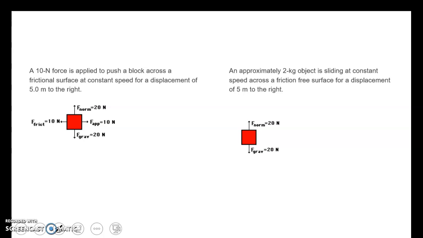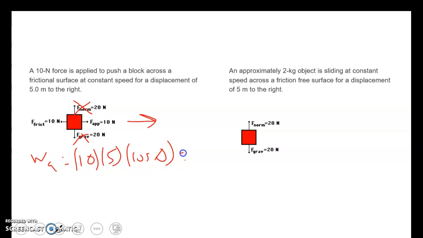Now we have some opposing forces. The object is moving to the right, so therefore normal force and gravity don't apply to work because they're at 90s. But now we've got two different forces. So we've got the work for the applied force, which is 10 times 5 times the cosine of 0, which is positive 50 joules.